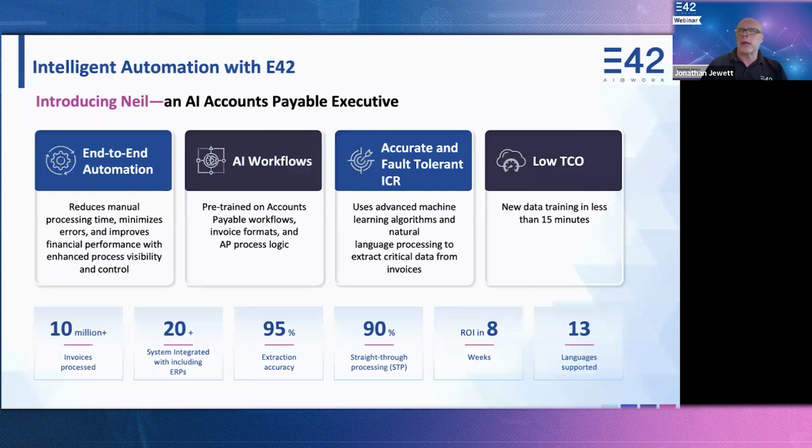So what is it that E42 can bring to the table across all these dimensions? E42 is an AI-led automation solution. That's what we do. And not only that, we're a native AI solution. We weren't an RPA solution that tacked on some AI on the back end. We're a system that was developed from the ground up using AI technology.